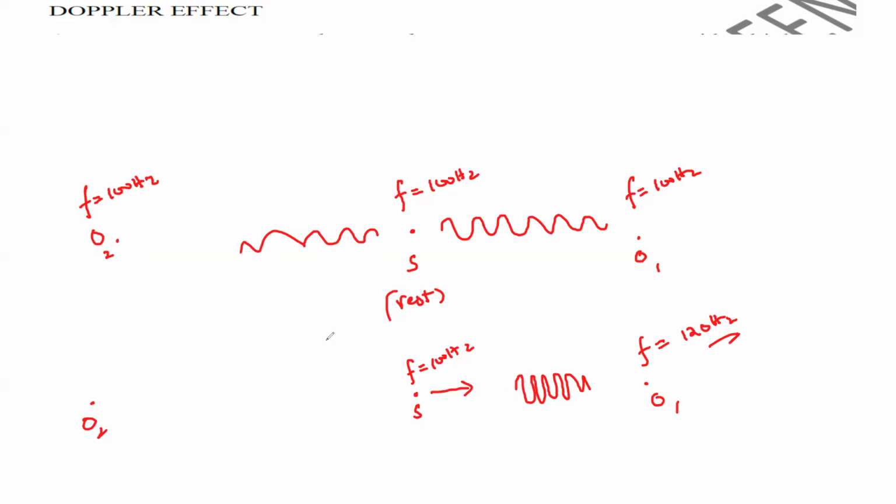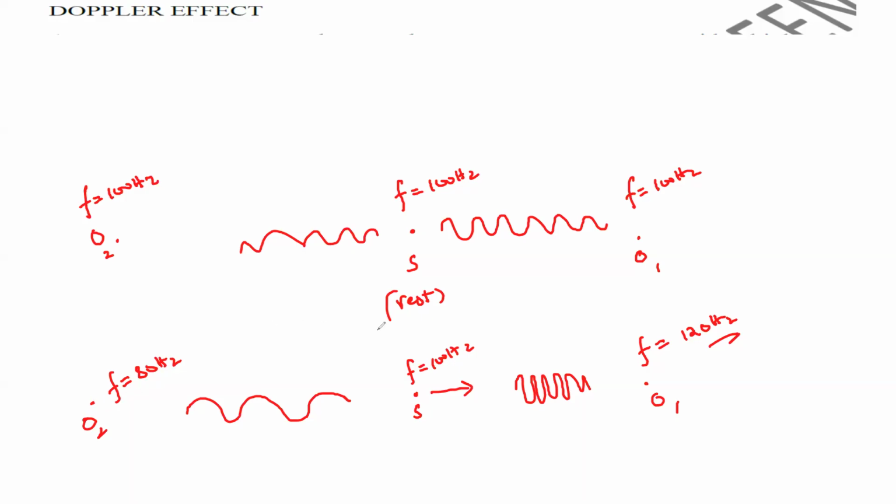The source radiations are not changed, but what is received by the observer changes because of the relative motion of the source. The opposite happens as the source is moving away from observer two: the number of waves per second will decrease, and observer two might receive 80 waves per second, or a frequency of 80 hertz.